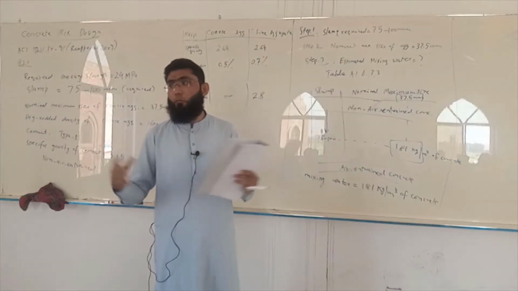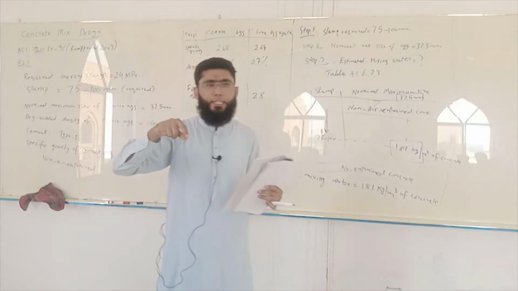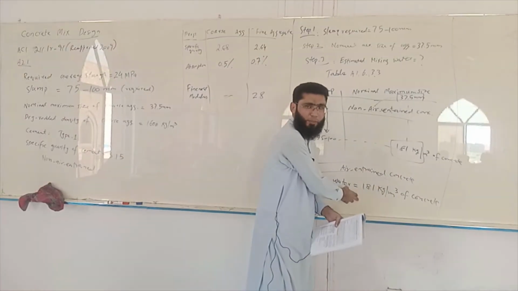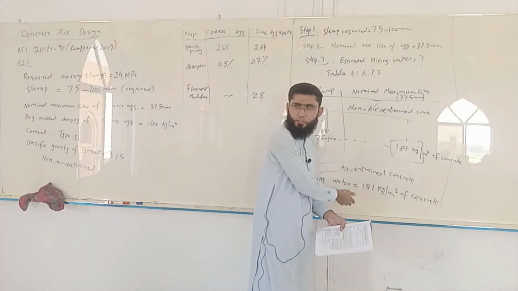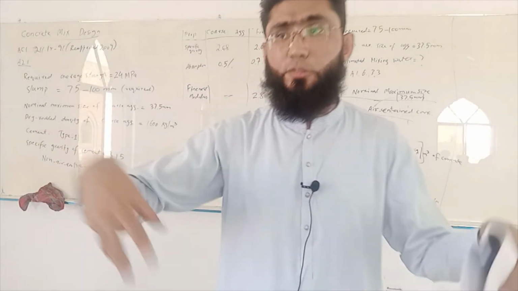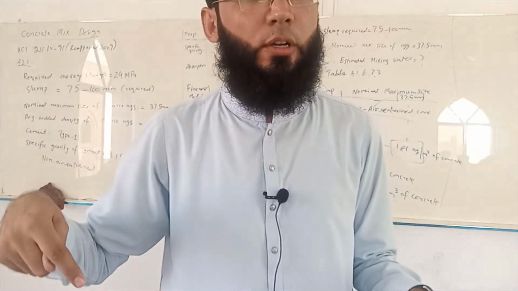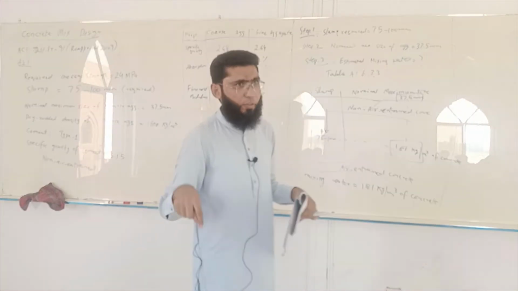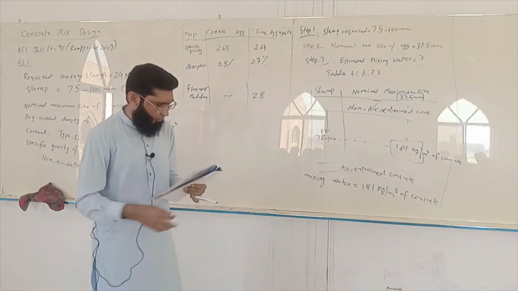So you have some water already on the surface of aggregate, and if the mixing water requirement is just 181, it means you actually add something less than this in order to make the actual mixing water equal to 181, because some of the water will in that case be coming from the surface of the aggregates, if there's free water available on the surface.